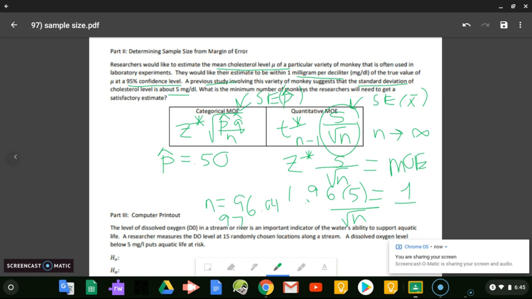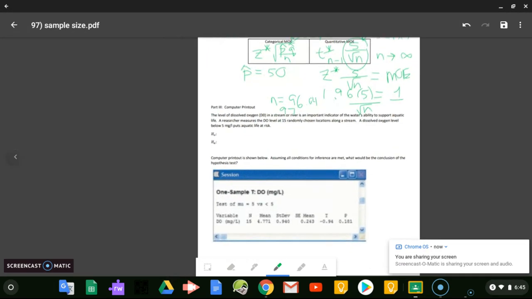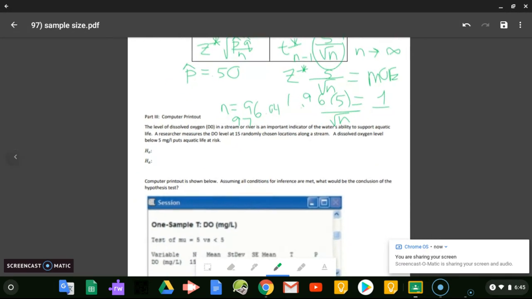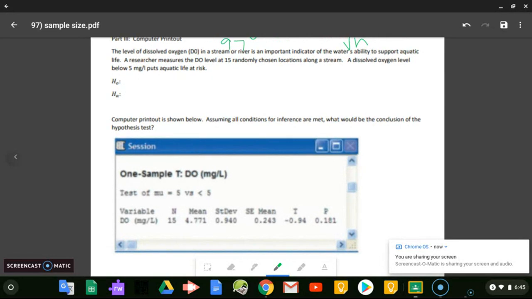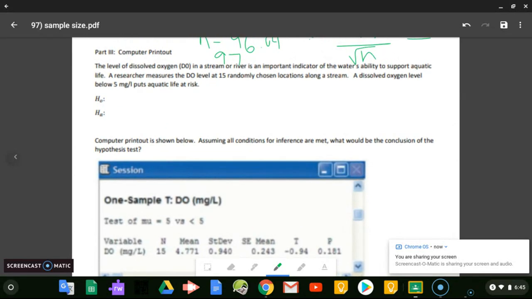Okay, so that was the second thing. We have one more thing, and then we're done for today, and you guys can work on the practice problems from the homework. The last thing we need to do is there are computer printouts for these same types of problems.